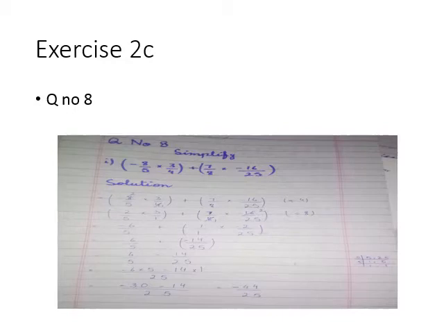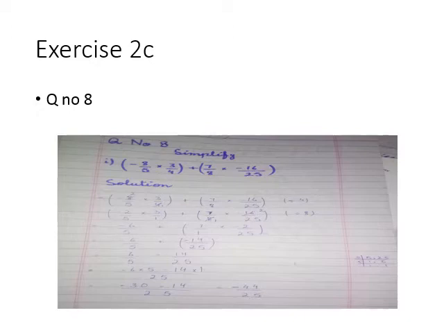Next question is simplify the following: minus 8 over 5 into 3 over 5 plus bracket 7 over 8 into minus 16 over 25. Here we will solve it first. In the first bracket we will cut 4 with 8, and in the second bracket there is not any cutting. 2 over 5 into 3 over 1 plus 7 over 8, we will cut 8 with 16, so what will come to us is 7 over 1 into 2 over 25.